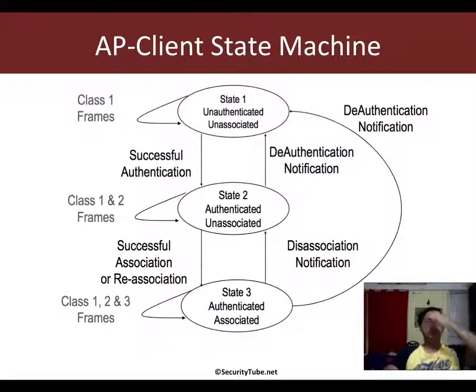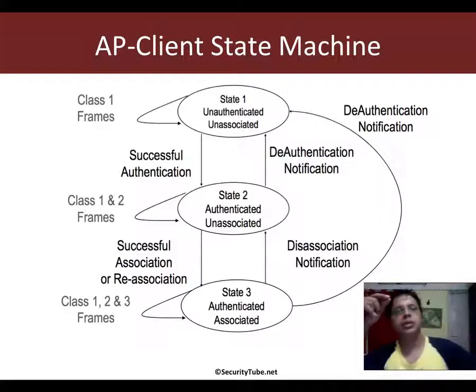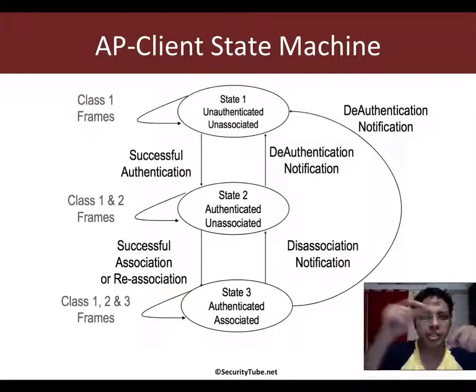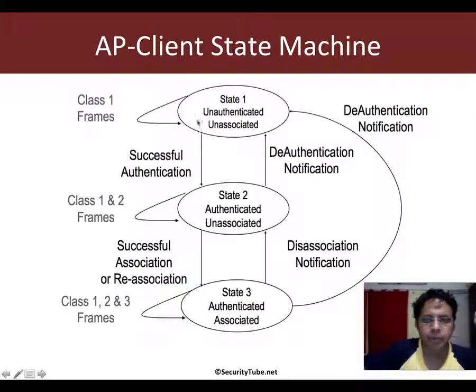So this brings us to a very interesting discussion on state machines in wireless. If you notice, the client and access point were going from one state to the other. In the beginning, when there were just probe requests going out, they were unauthenticated and unassociated, right? The first step after discovery using probe requests and probe responses was authentication.